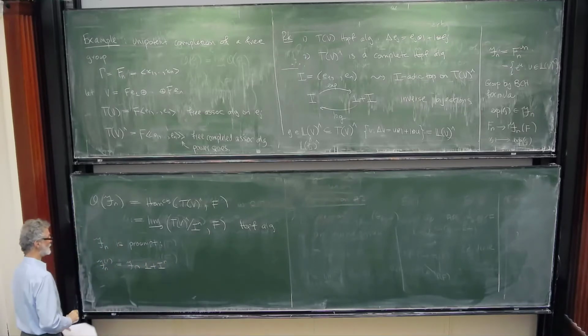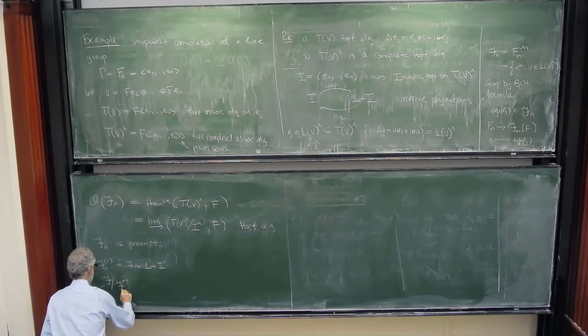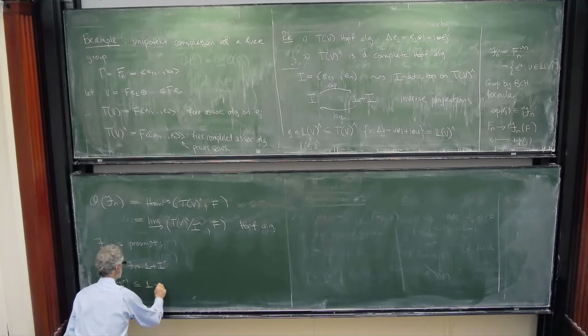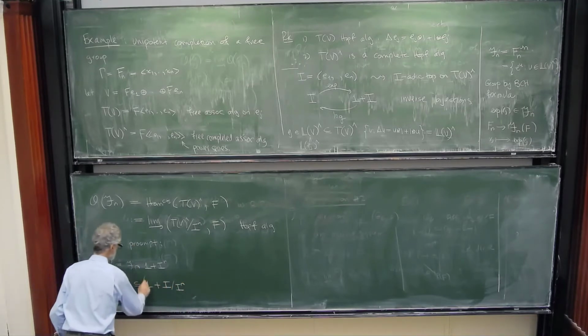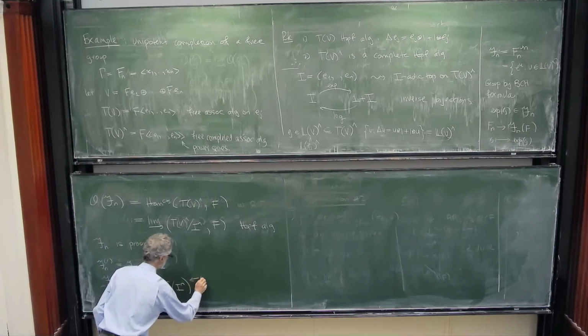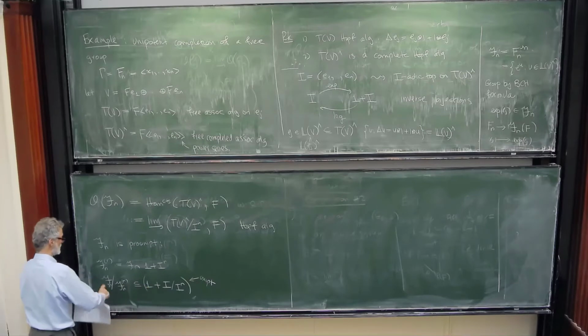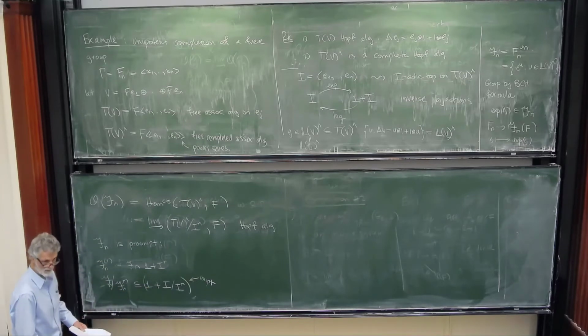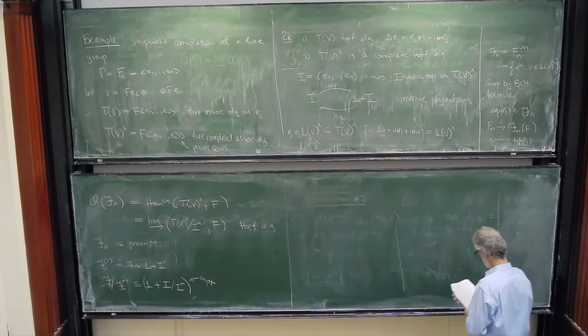And now if I take F mod F_n^r, this will be contained inside 1 plus I mod I to the r. And this group here is unipotent. So this will be a closed subgroup of a unipotent subgroup. So each of these is unipotent, and F is the inverse limit of these. Right? So this is a pro-unipotent group.